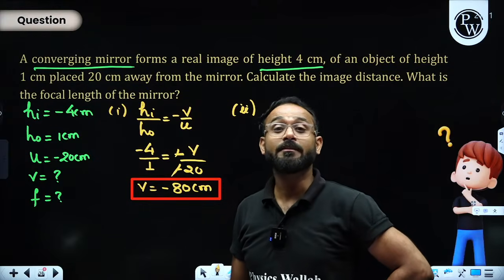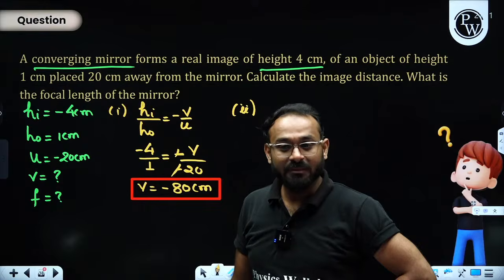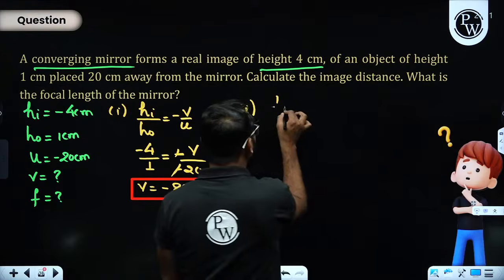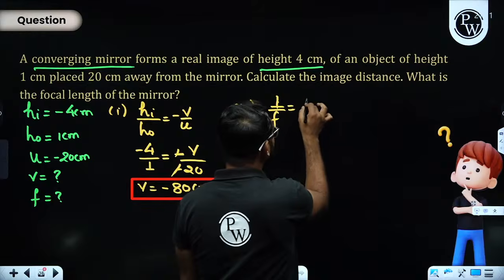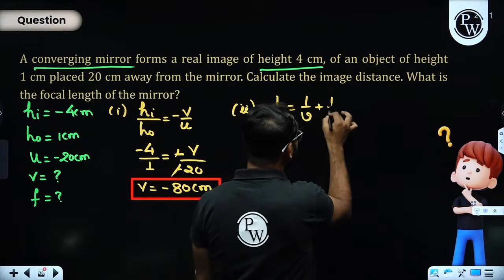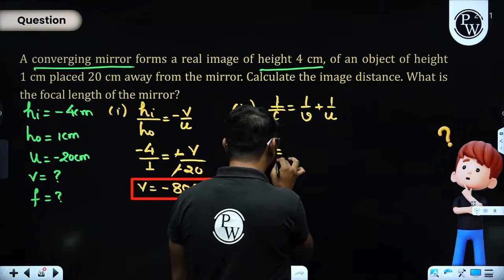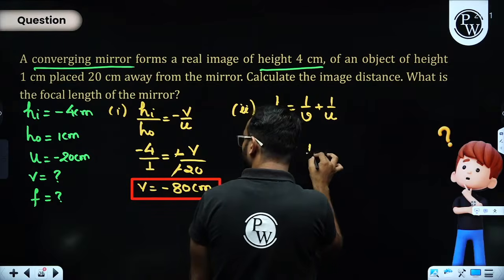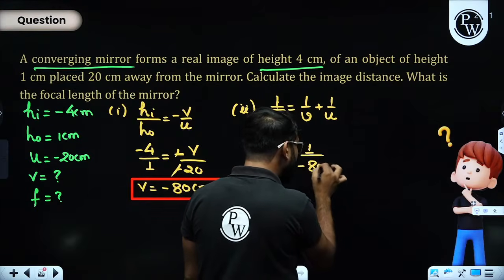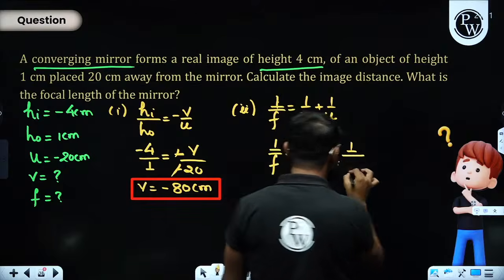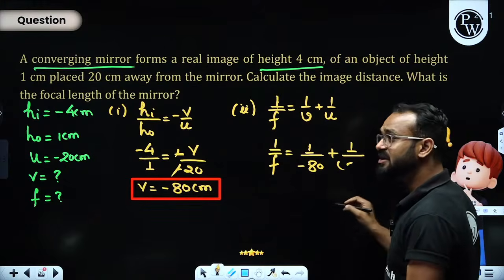Sir, I will be applying the mirror formula. That is 1 by f equal to 1 by v plus 1 by u. So 1 by focal length equals 1 by image distance, that is minus 80, and object distance is minus 20.